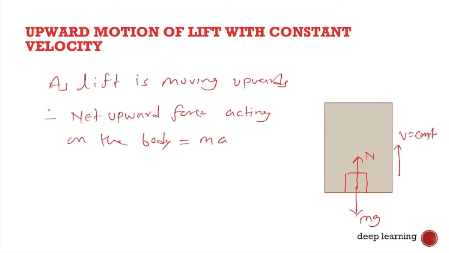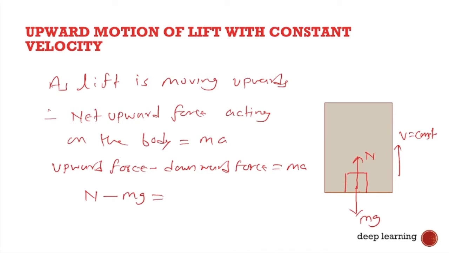So the net upward force, that is upward force minus downward force, must be equal to ma. The upward force is capital N and the downward force is mg. It will be equal to ma.